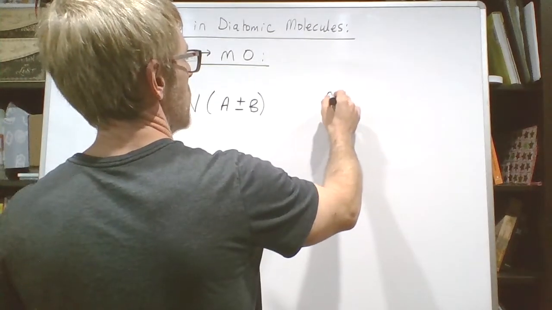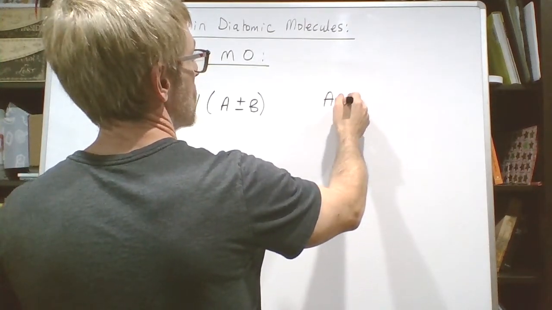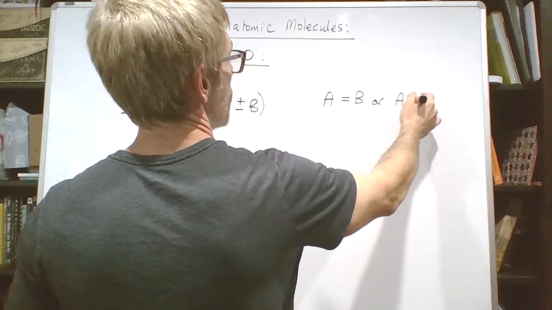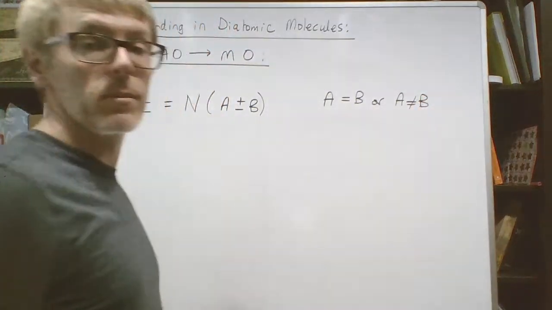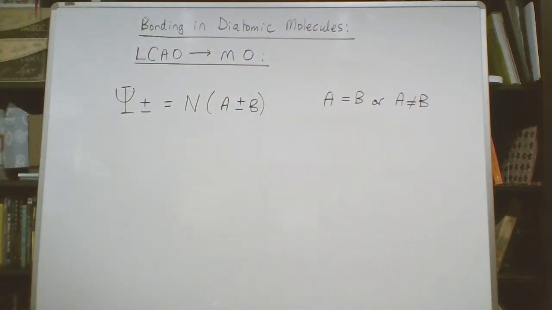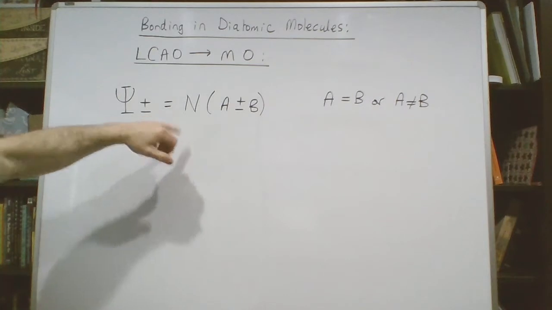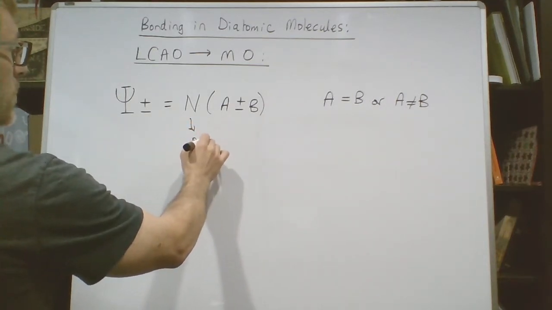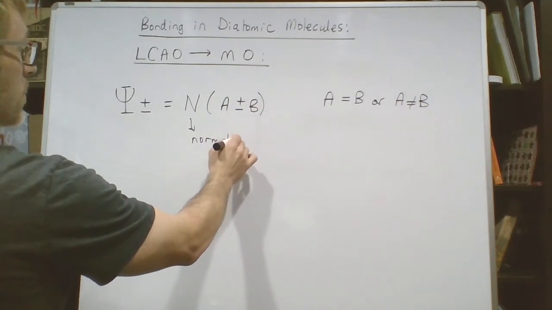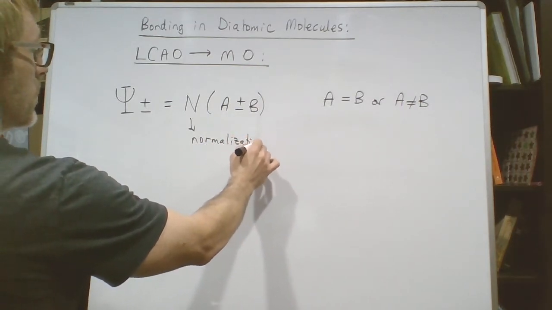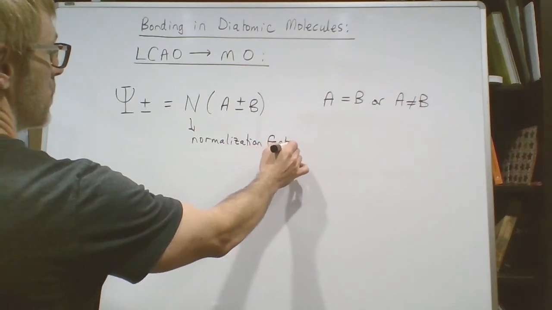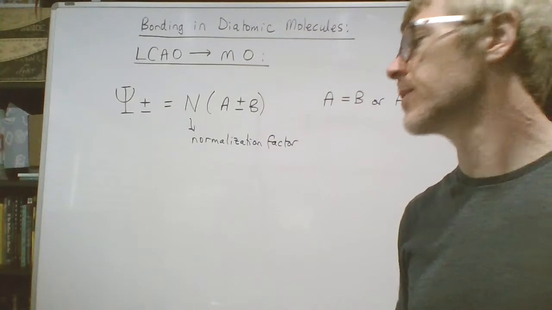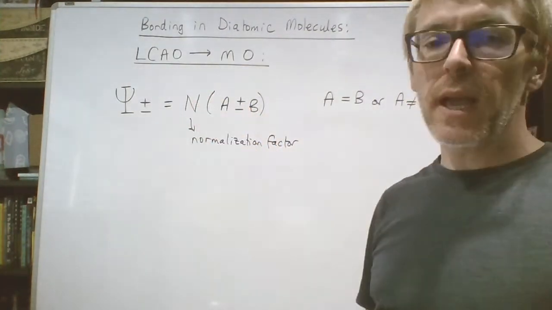So a can equal b, or a cannot be equal to b. For now, a and b are just labels. N is a normalization factor. We won't quantify the normalization factor, but we know we have to include one.